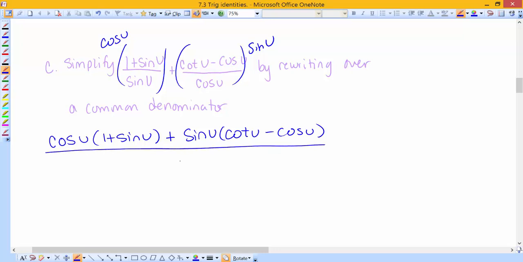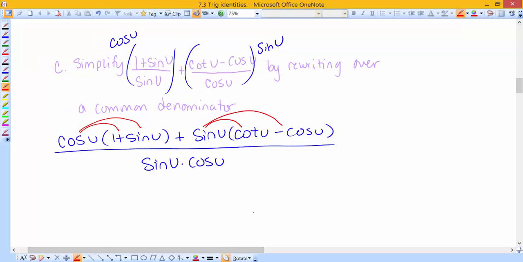And then our denominator is sine times cosine. So I rewrote it over a common denominator. Now I need to simplify. So I don't see anything that I can do right now, so I am going to distribute. So I distribute cosine, I distribute sine.